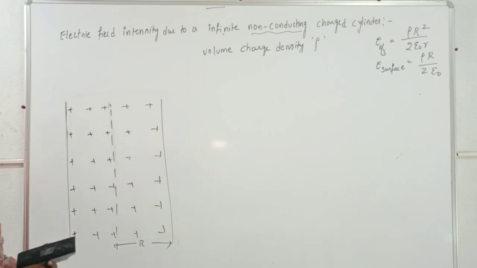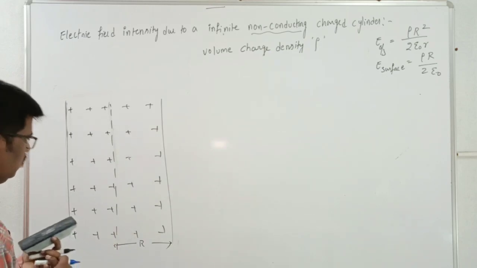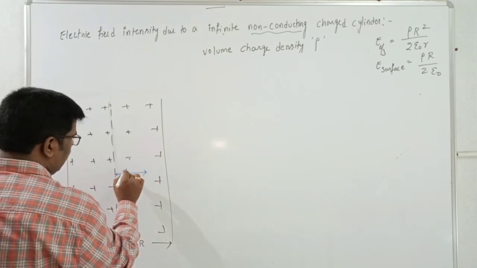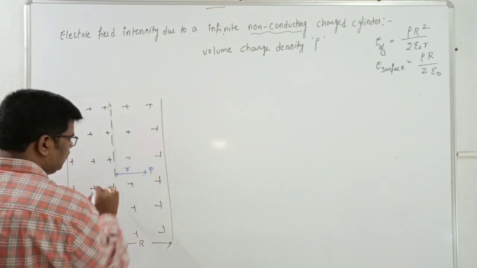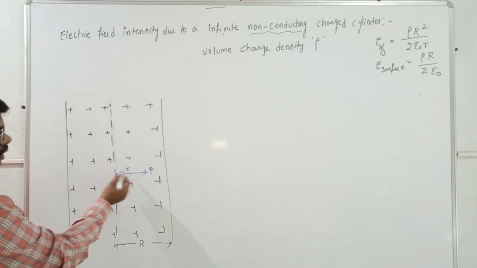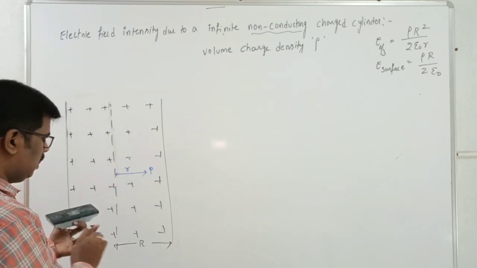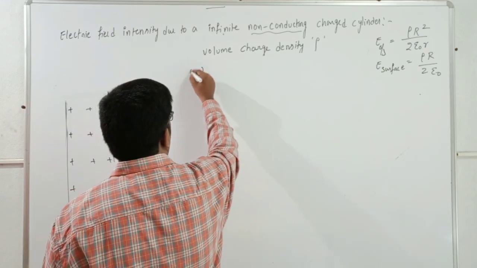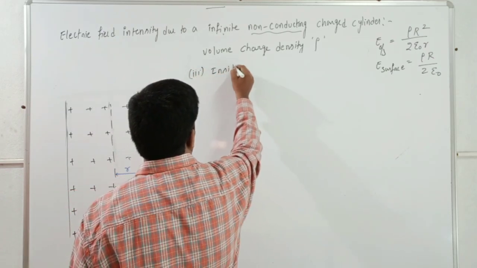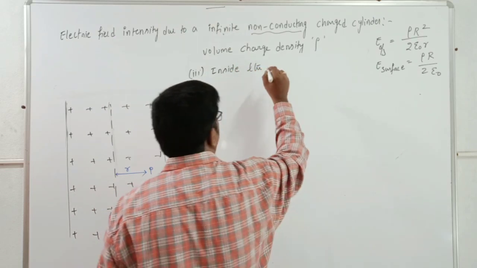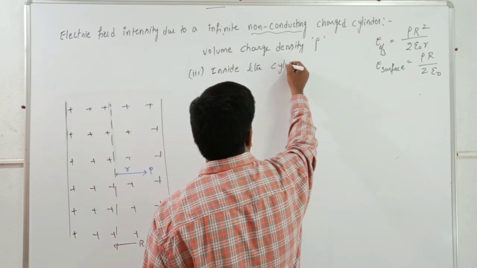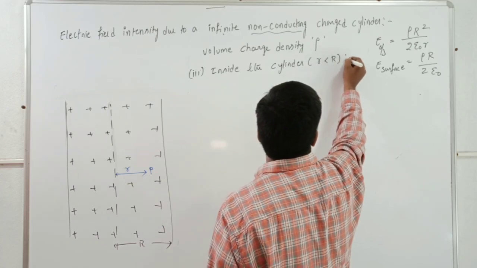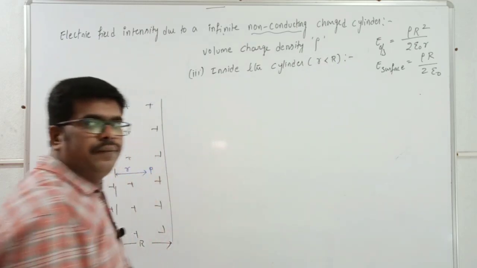Now inside, let us take a point P which is inside. You observe here small r is less than capital R. So, inside, third case, inside the cylinder, that is the small r less than capital R case.